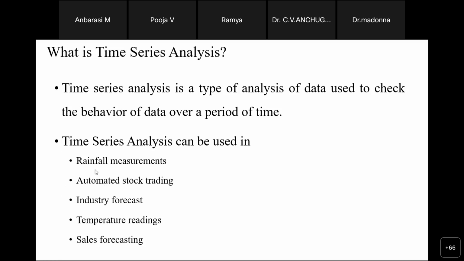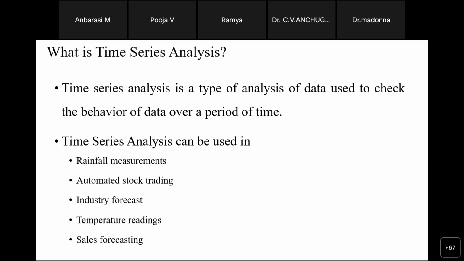First one is rainfall measurement. Based on temperature, humidity, air pressure and cloudiness, we are able to predict or measure the rainfall.